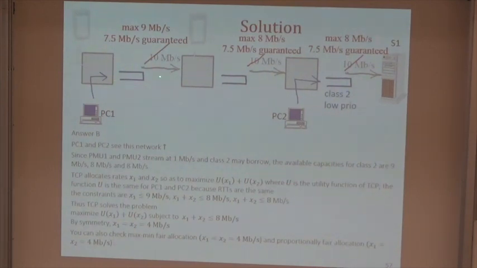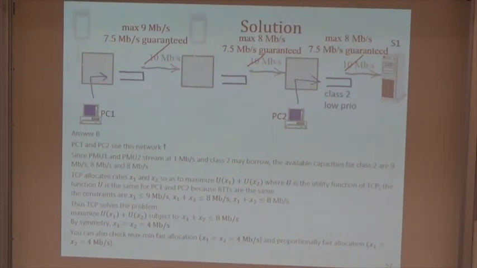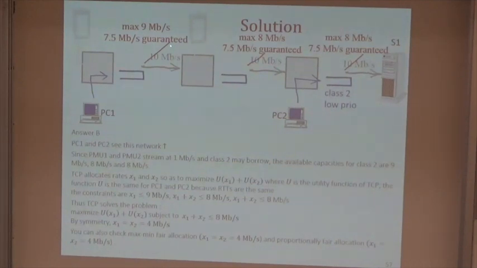So in average, this is the same as having a link at 9 megabit per second here. On the second link, there are the two red flows that are coming, and the maximum rate now is not 9, but 8 megabits per second. So for PC1 and PC2, everything is as though there would be this network with a link at 9, a link at 8, and here also a link at 8 megabit per second.